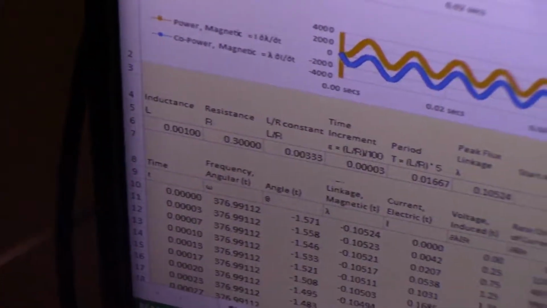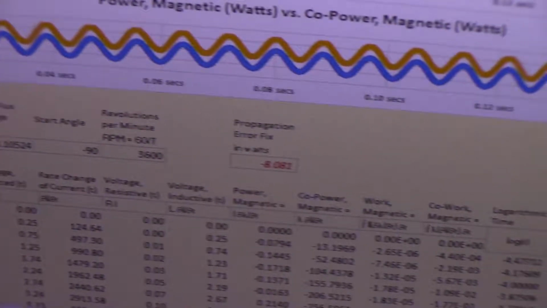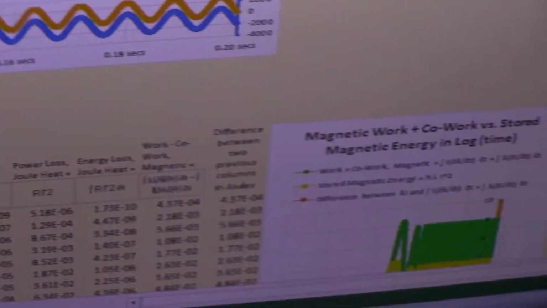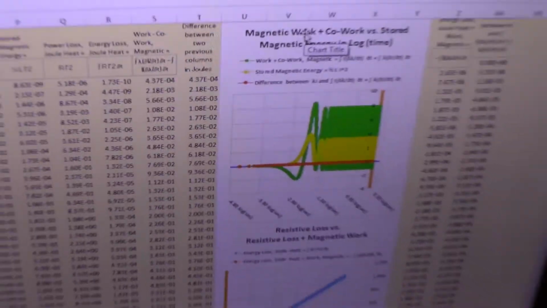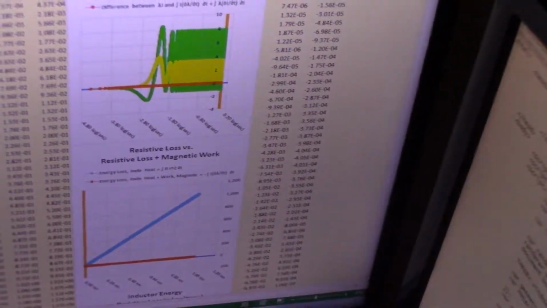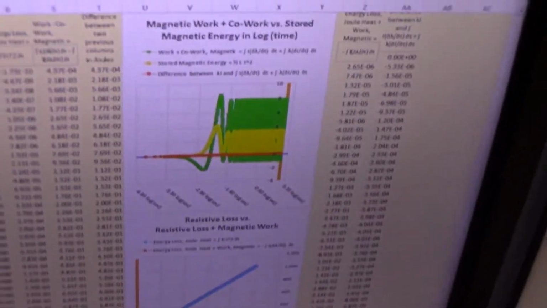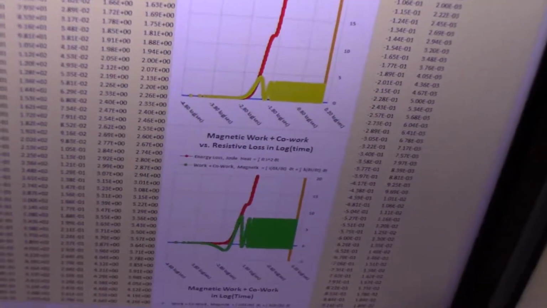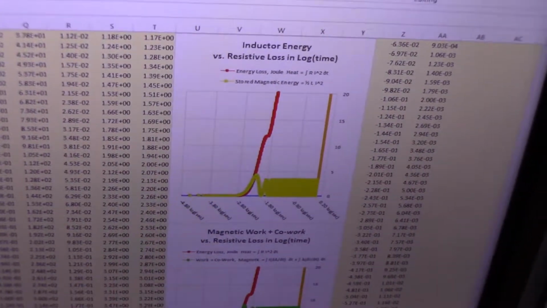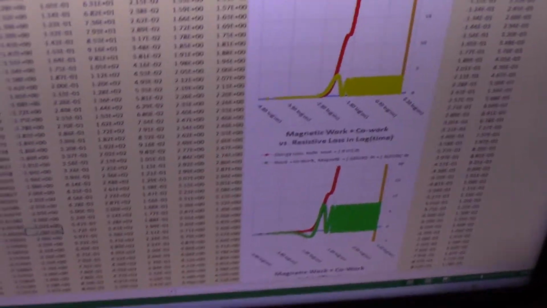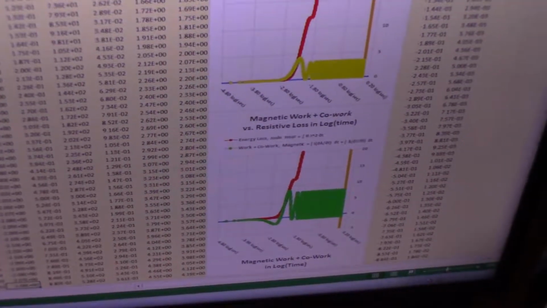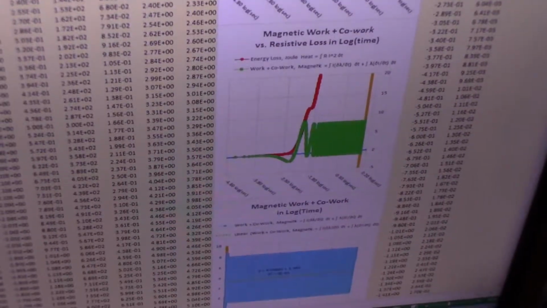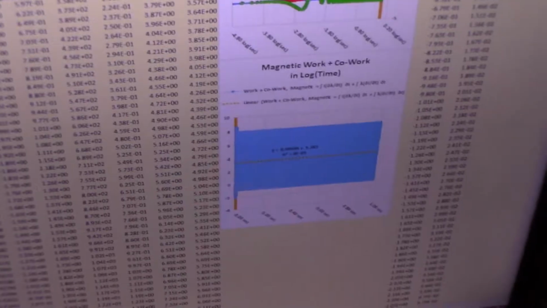Okay, so just to give you an idea, and there's some propagation error.